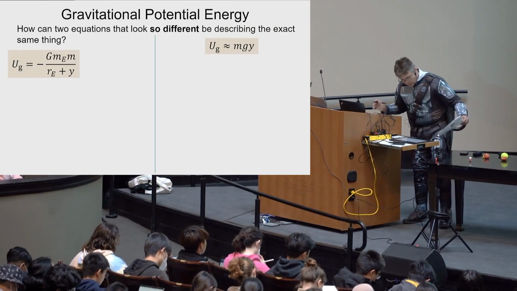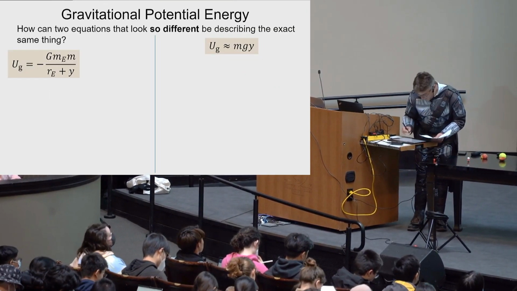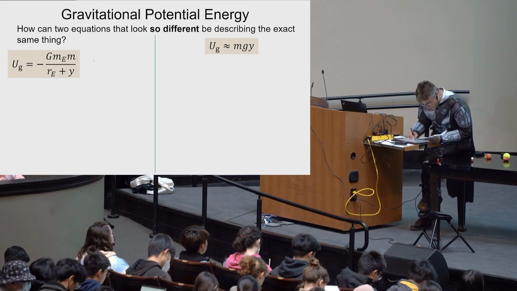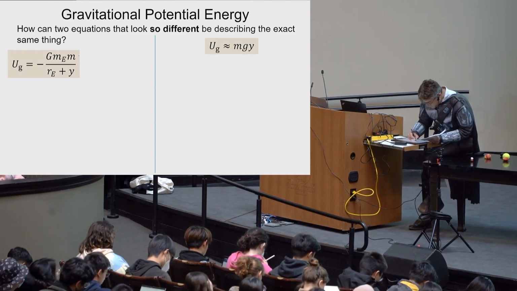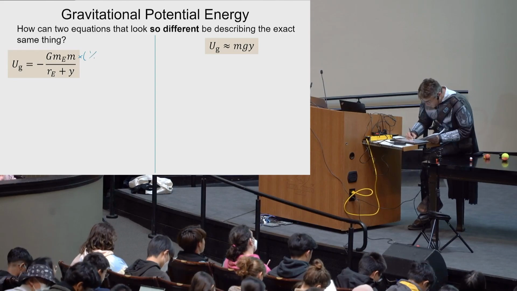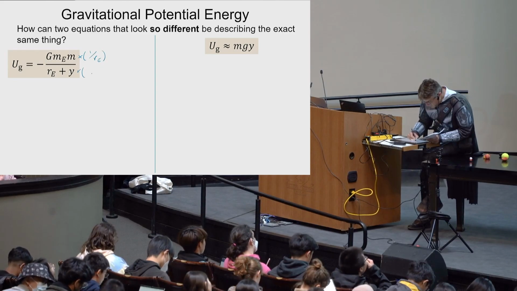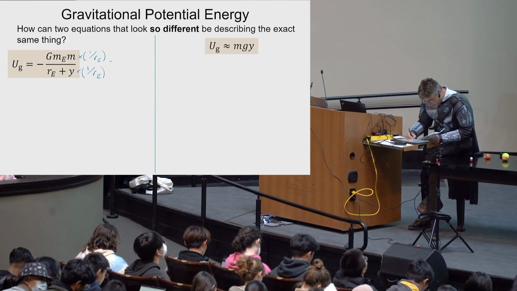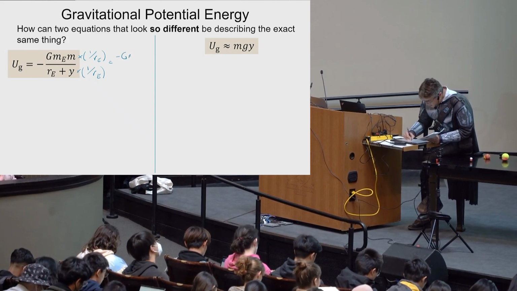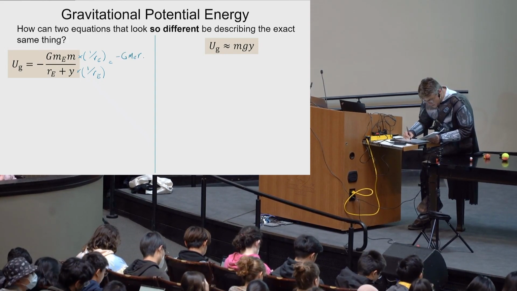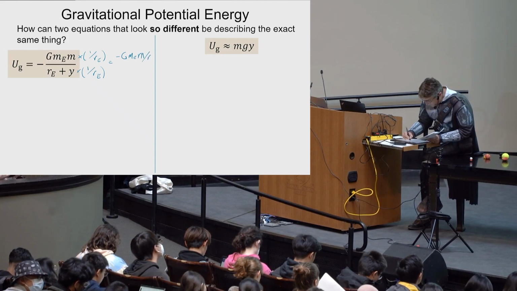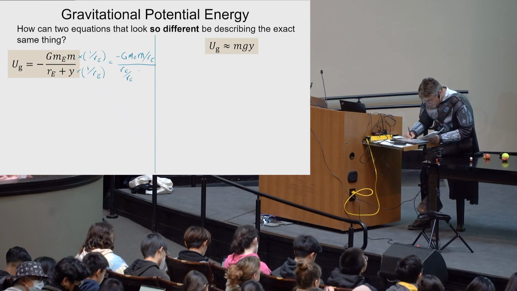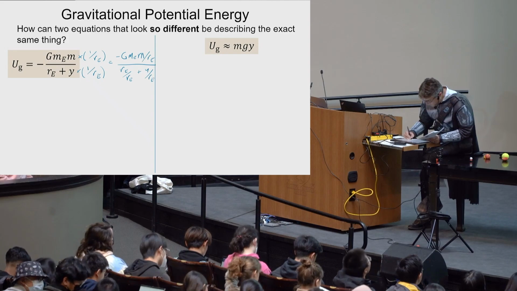I thought I would just go through it really quickly here. How can two equations, and I asked you this a couple days ago, that look so different be describing the exact same thing? So let me actually work it through here. We'll do an epsilon proof. If we times this by 1 over the radius of the Earth, and times top and bottom by 1 over the radius of the Earth, then what you get is negative G M_E times M divided by R_E over R_E plus Y over R_E.